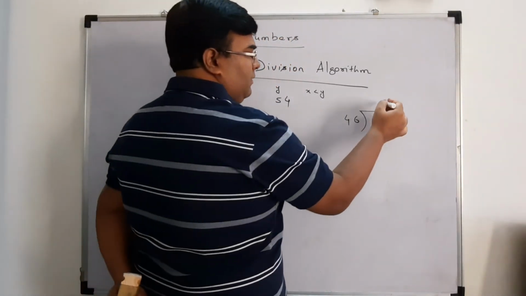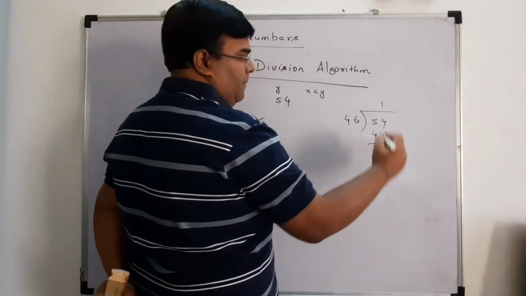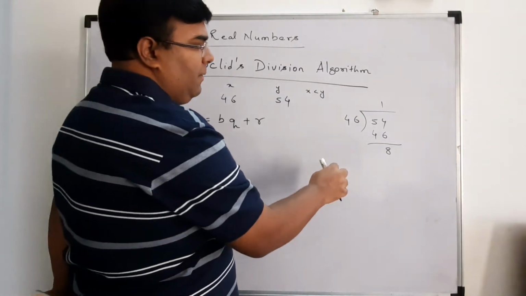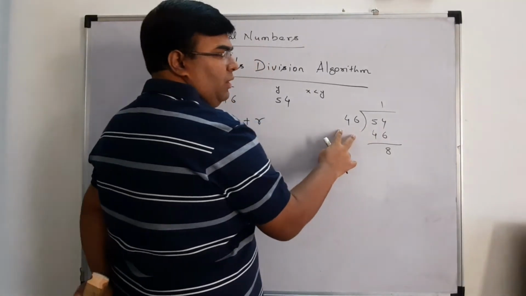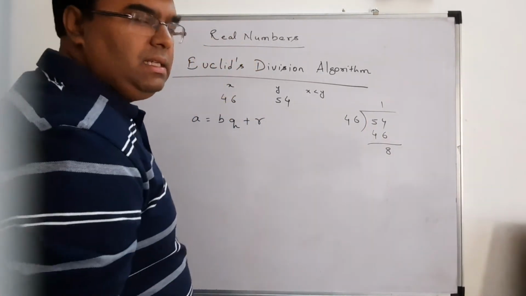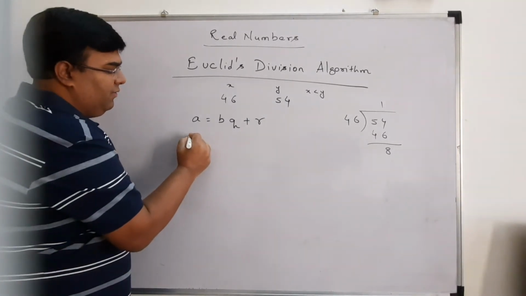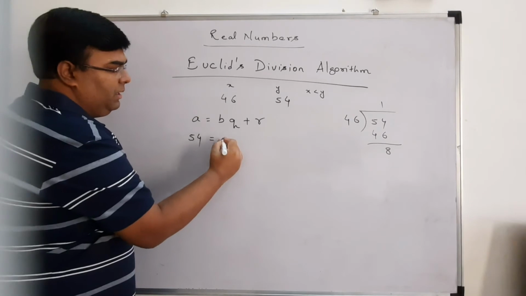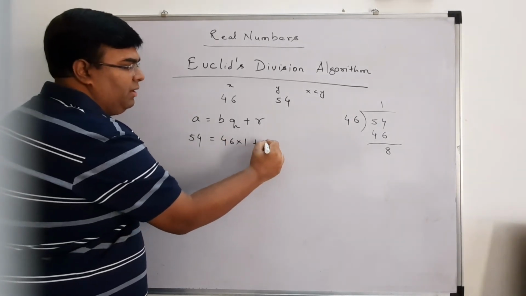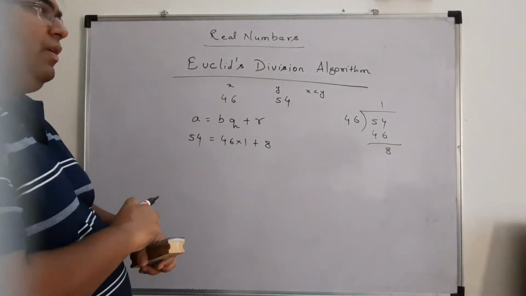So 46, I think it will go one time only, correct? So my first step was what? When we divided 54 by 46, our quotient is 1, our remainder is 8. Can we write this in the form of bq + r? Yes, we can write 54 is my a, b is 46, q is 1, and remainder is 8. So this is my first step of the algorithm.